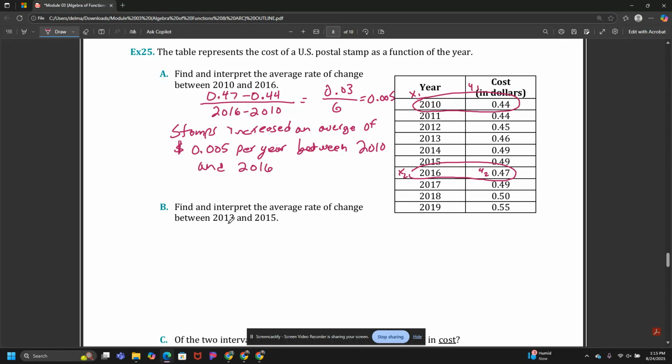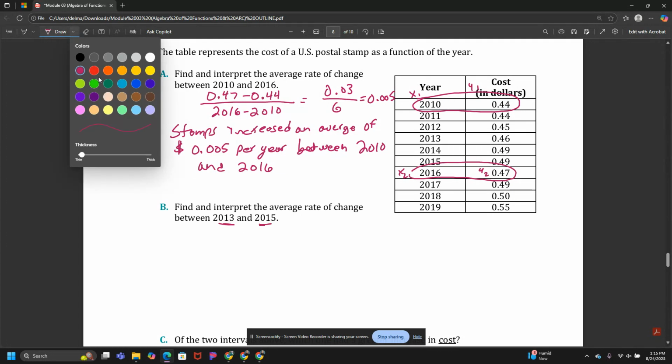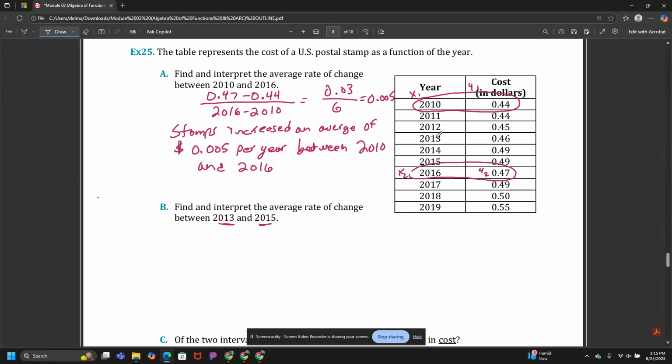Find and interpret the average rate of change between 2013 and 2015. So let me get a different color so that we can circle 2013 and 2015. So that'll be x2, y2, x1, and y1. So I'm going to have 0.49 minus 0.46 over 2015 minus 2013.